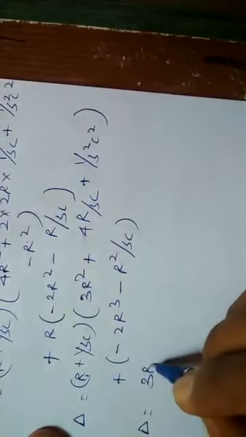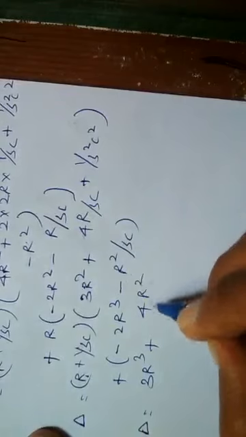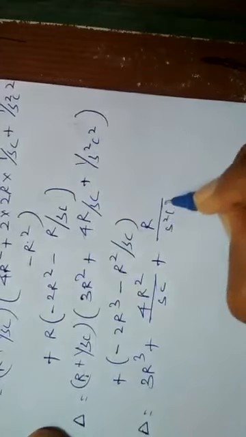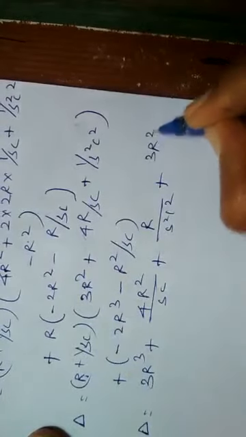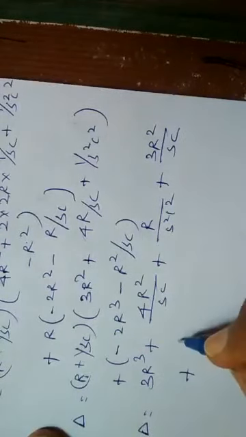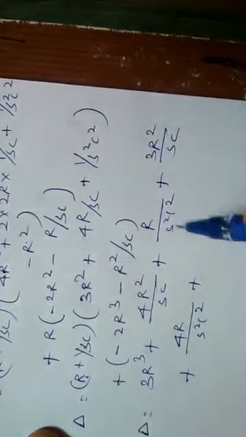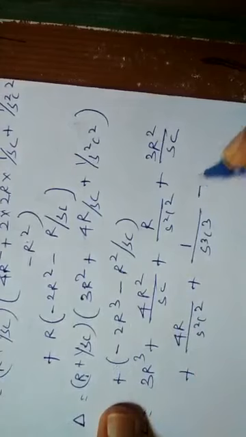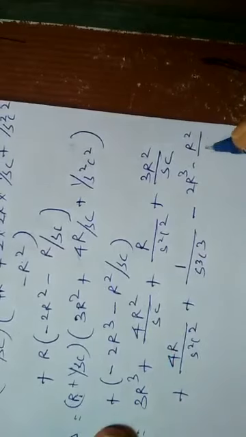So R into 3R squared is 3R cube, plus R into 4R by SC is 4R squared by SC, plus R into 1 by S squared C squared is R by S squared C squared, again plus 1 by SC into 3R squared is 3R squared by SC, plus 1 by SC into 4R by SC is 4R by S squared C squared, plus 1 by SC into 1 by S squared C squared is 1 by S cube C cube, here minus 2R cube, minus R squared by SC.